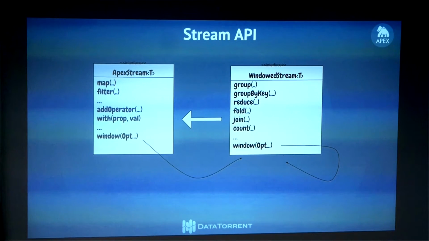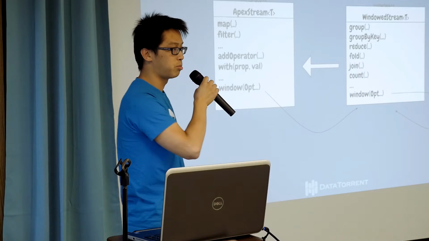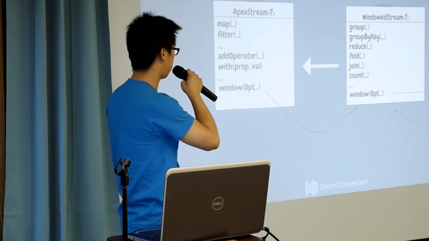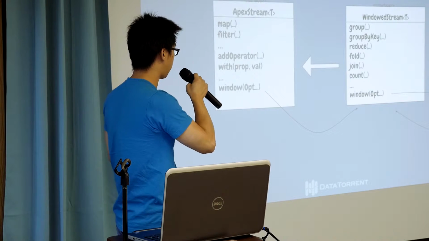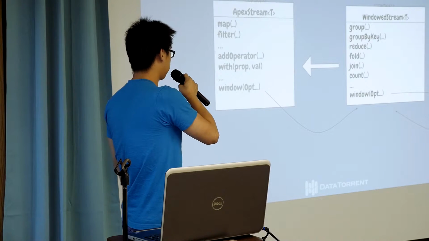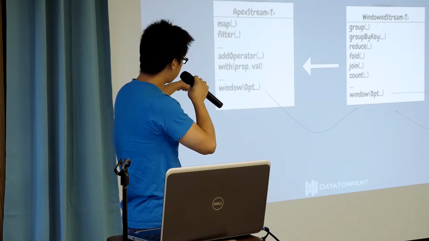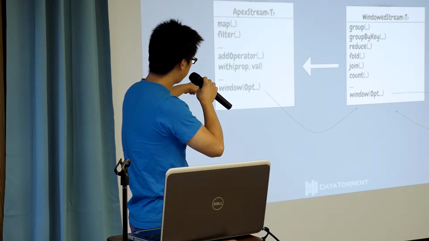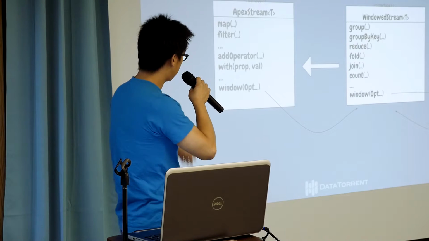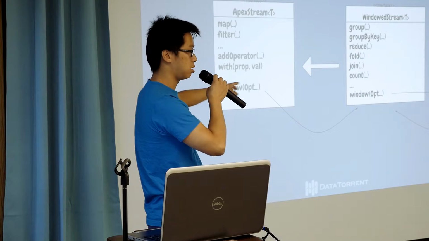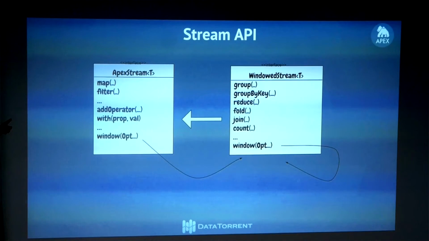Like you can add an operator from the Malhar library directly into this stream, and also you can set the properties for the operator. You can set the attributes for the Apex application, and so on and so forth. And the last type is the window method, which takes a window definition and turns the Apex stream into a window stream.